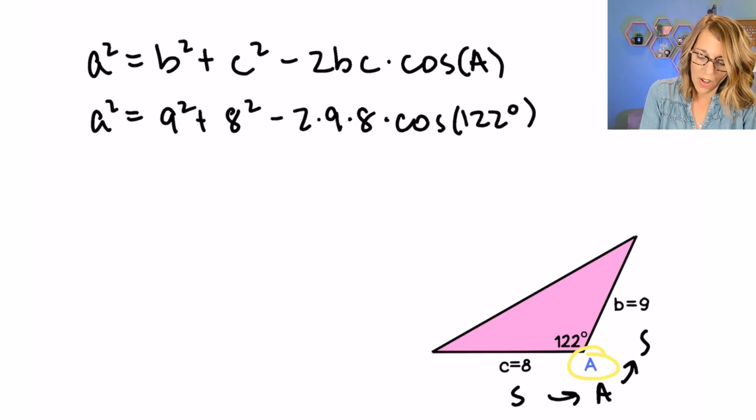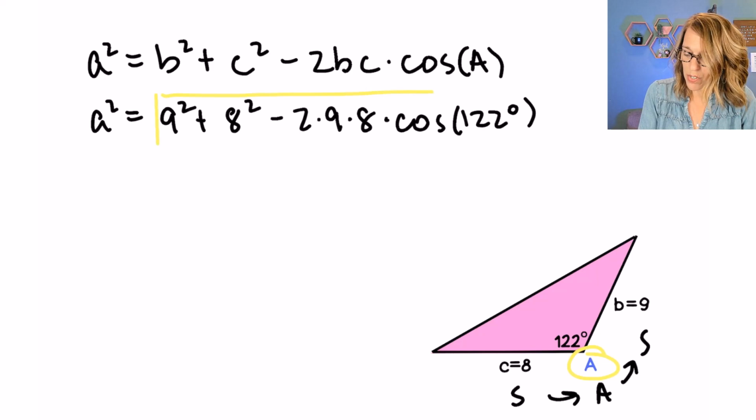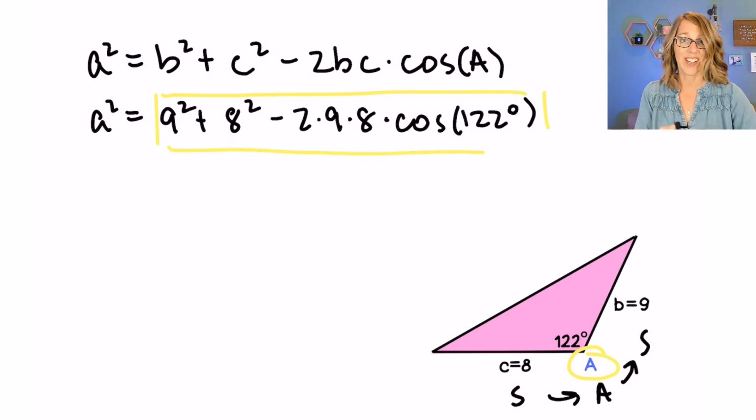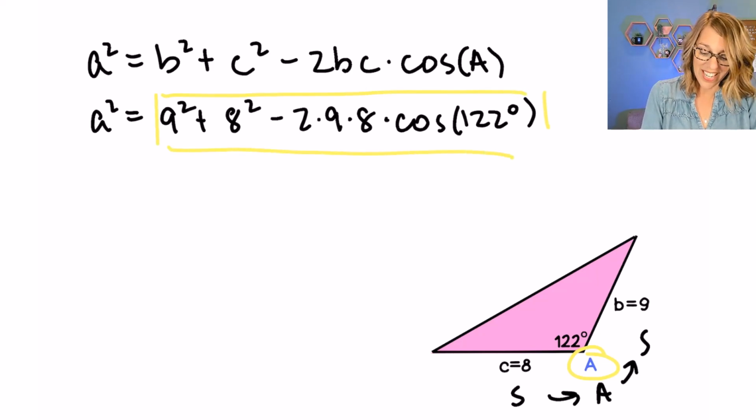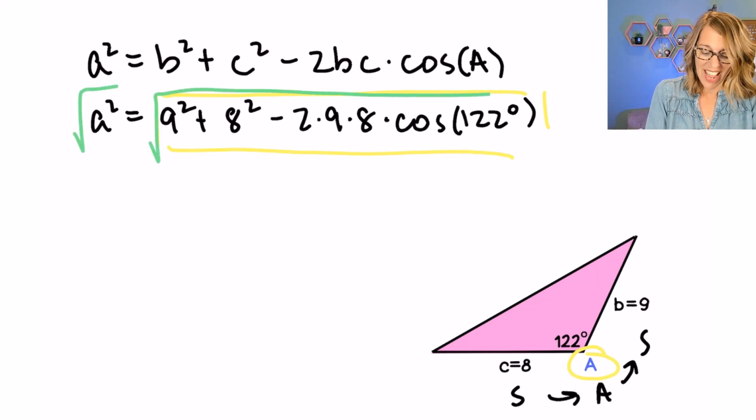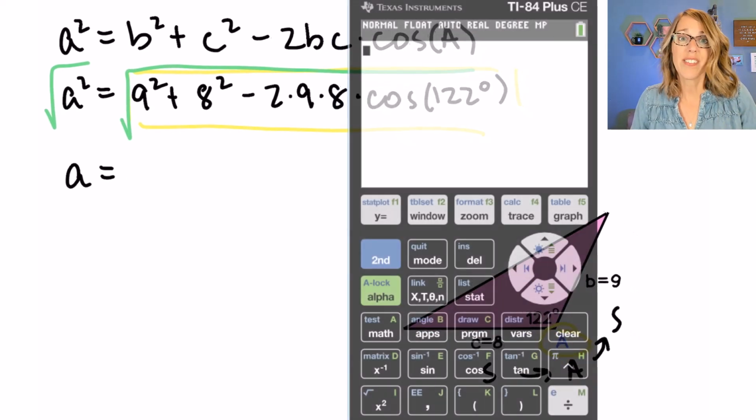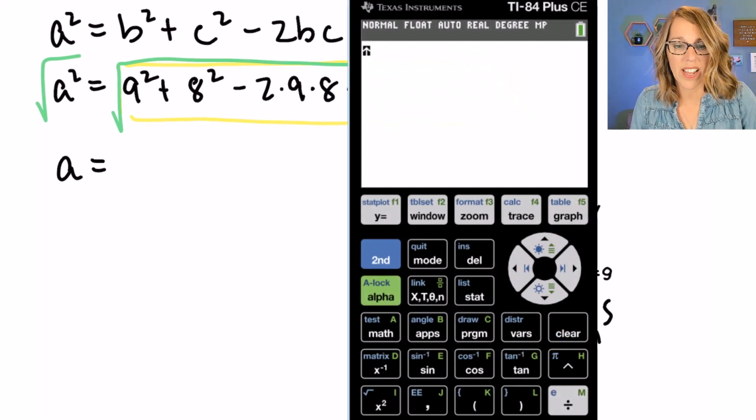Now I can put all of this into my calculator, and I can also take a square root of all of that, and that is going to give me side A. So I'm going to take the square root of this. So I'm going to do second and then my squared button to get the square root. And then I want 9 squared.